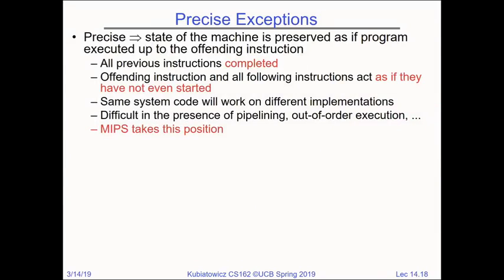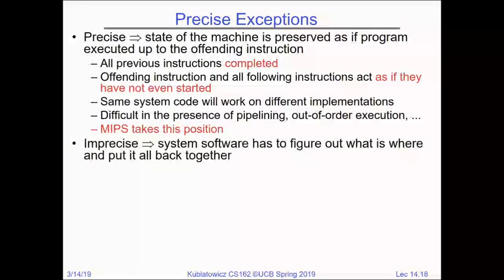And when you got an exception, the kernel had to figure out all the state in the pipeline, save it somewhere, finish the exception, and then figure out how to restart pieces of the pipeline to get it going again. It was a mess. Okay? And needless to say, people don't do that anymore, because there are enough transistors not to worry about it. So imprecise is surprisingly not precise, right?